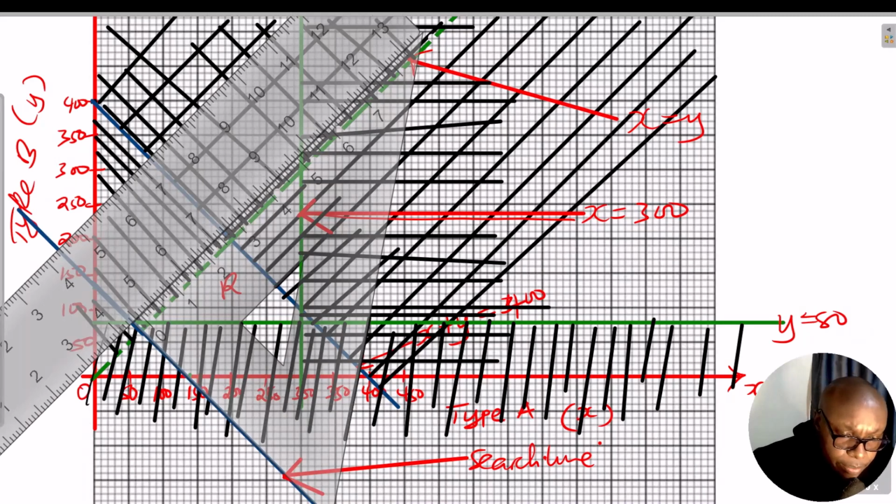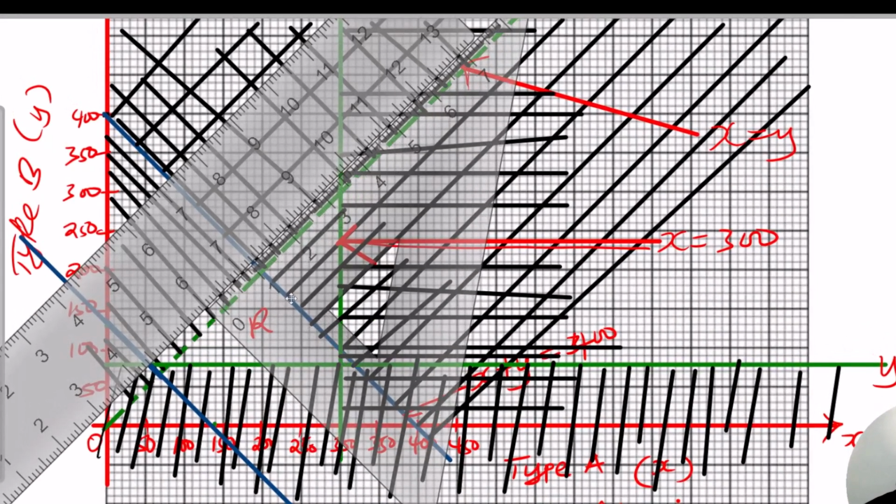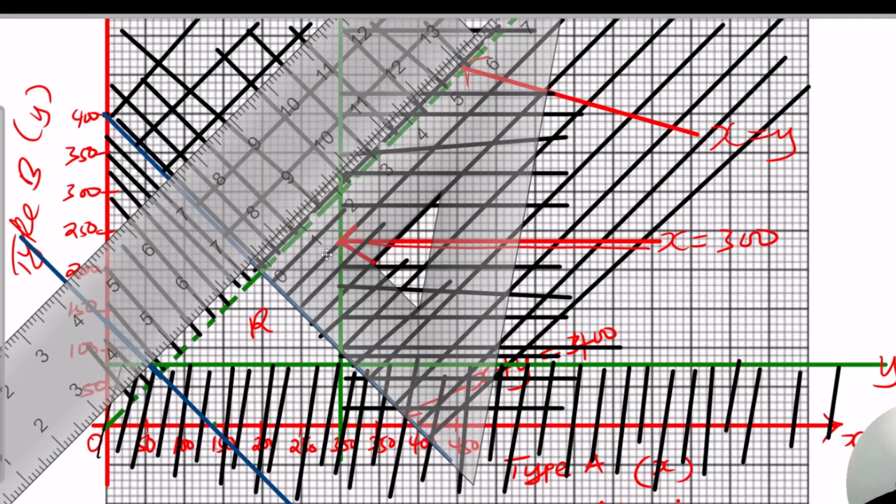With the ruler held firmly here, it should not move. The straight edge of the set square is lying on that search line, straight. Their point of contact is here. The ruler is held firmly. You're just sliding the set square along that straight edge of the ruler, like that.